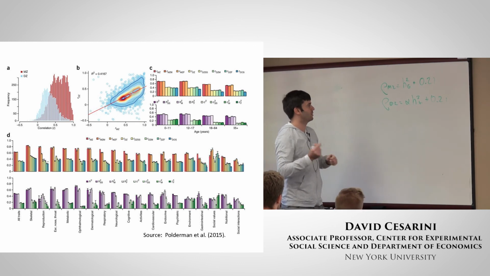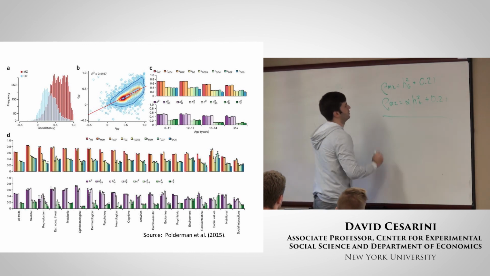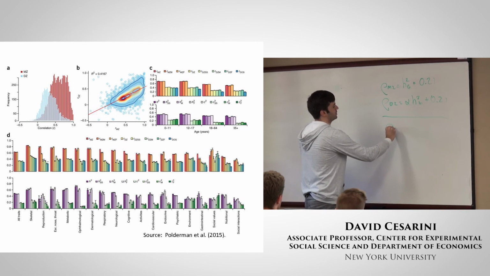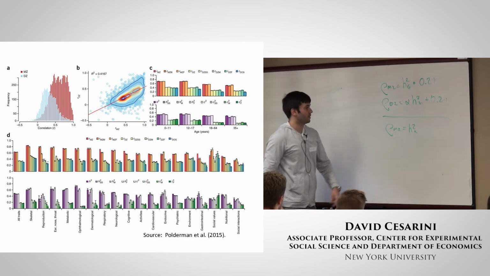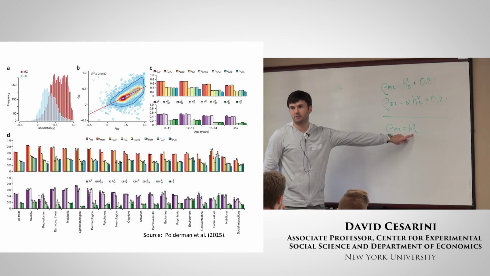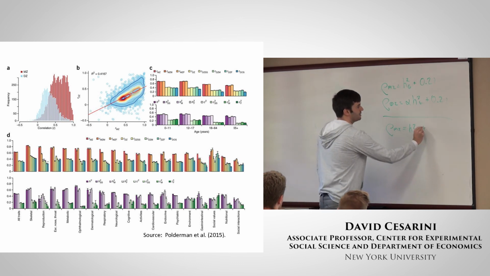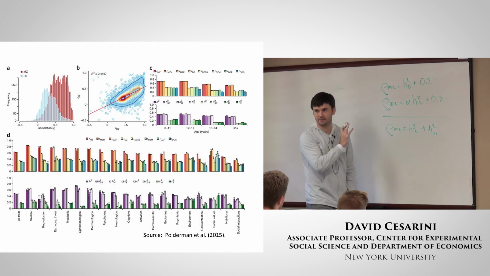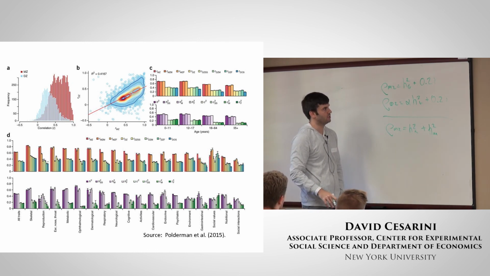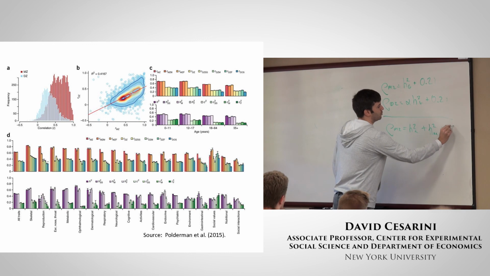An alternative parameterization that might be more illustrative is to say this. I'm going to take the additive component and call that H2A. I'm going to add a term that captures all non-additive variance, so any epistasis, any non-additive gene action. I'm going to add 0.21.